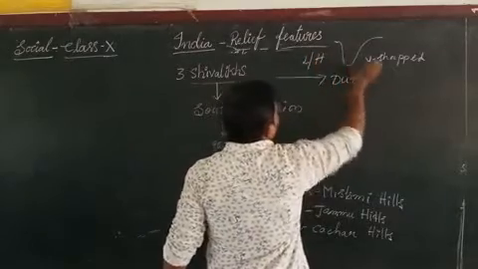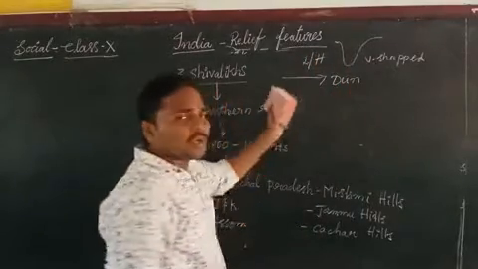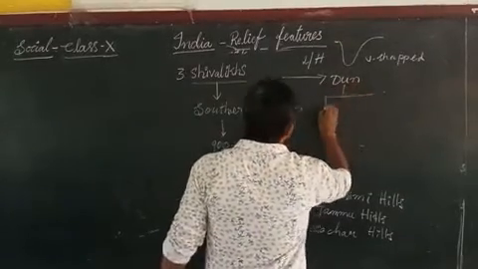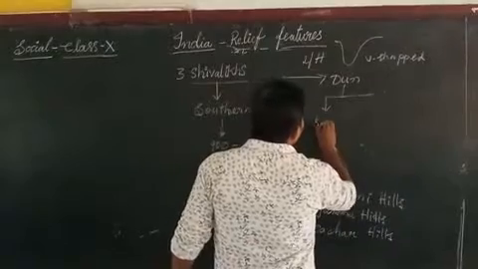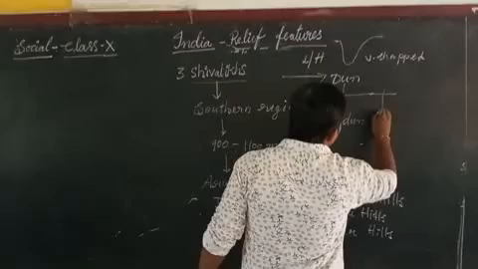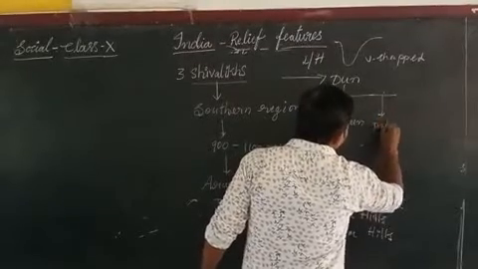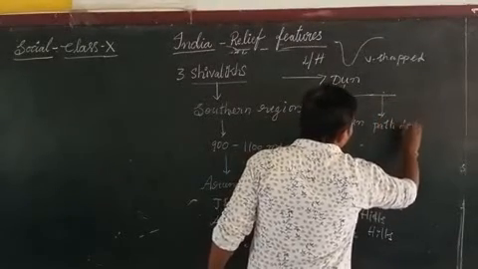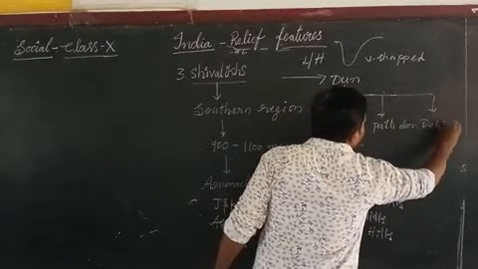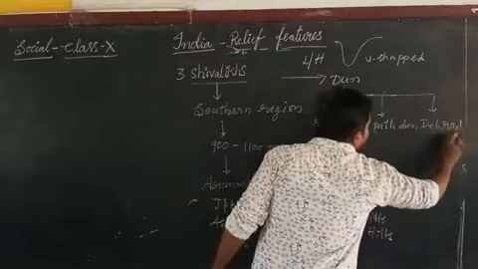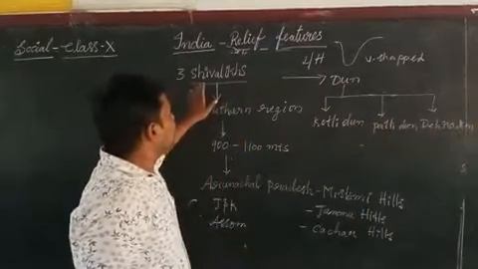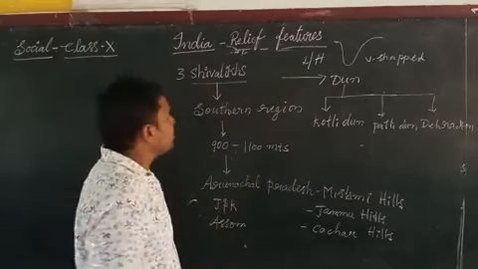The famous dunes present in the Shivaliks are Kotli Dune, Patli Dune, and Dehradun. These are the famous dunes present in the Shivalik region.